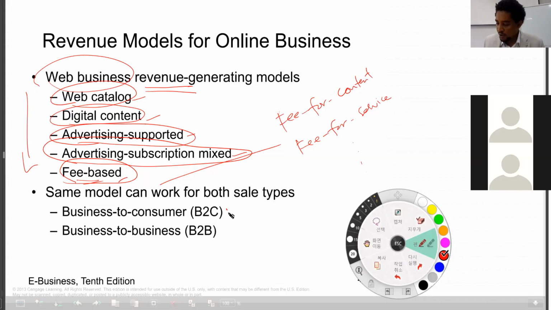These revenue models could be used for B2C and for B2B, or for both. We say both because some businesses have one website and they use this website to communicate with their customers and also with their business partners.